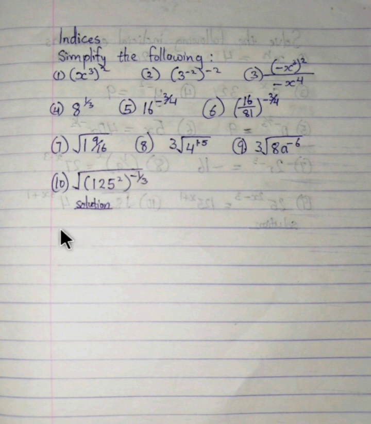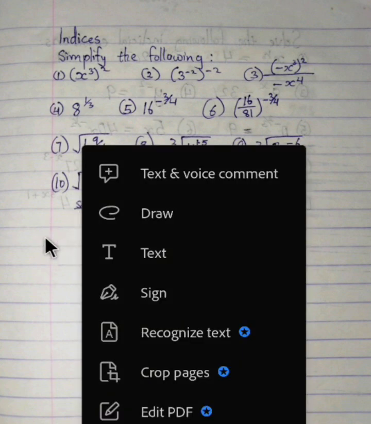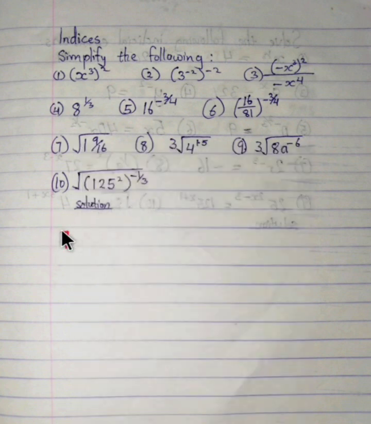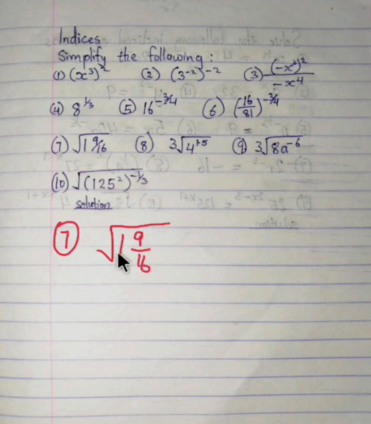Number 7. Root 1 whole number 9 over 16. So we can convert this mixed number into an improper fraction: 16 times 1 is 16 plus 9, 25.